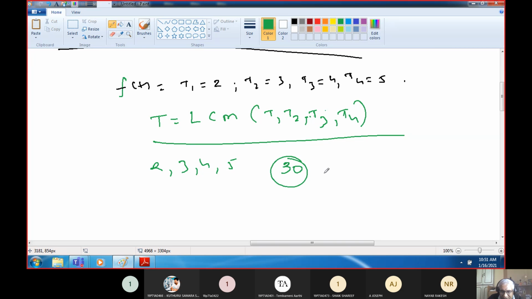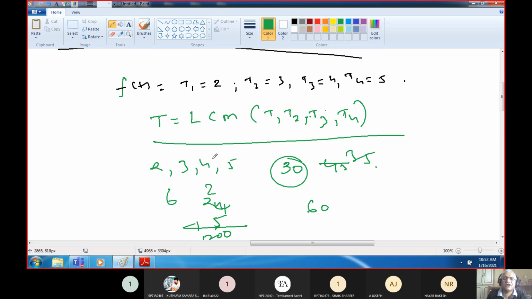Okay, so is 30 an LCM? 30 looks to be an LCM because 2 divides 30, 3 divides 30. No, 4 does not divide. So we will have to actually calculate the LCM of all. 3 2s 6, 6 4s 24, 24 into 5, 120 is there. So it could be 60.